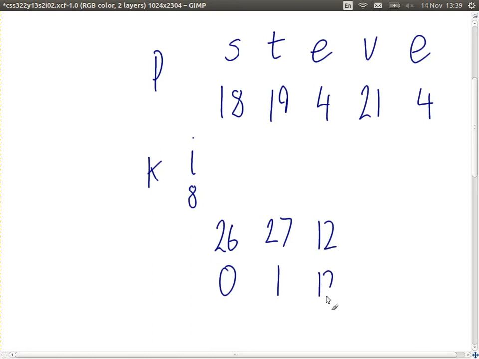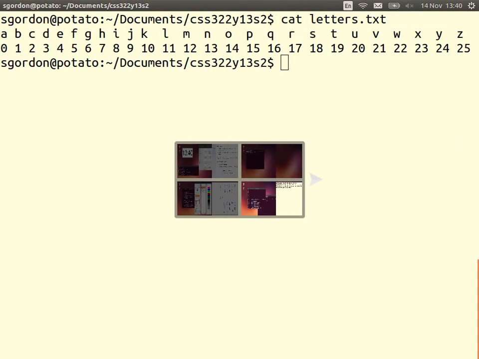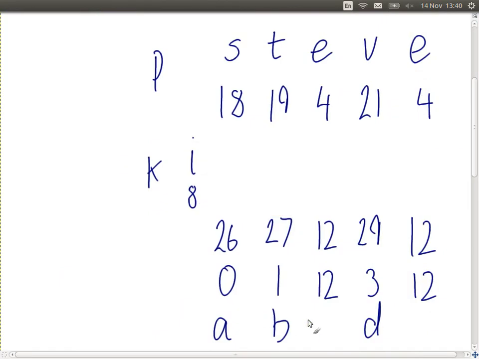Mod 26 is simply 12. 29, mod 26 is 3. 8 plus 4, again, we get 12. And that gives us what? A, B, what's 12? Twelve is M. Good.